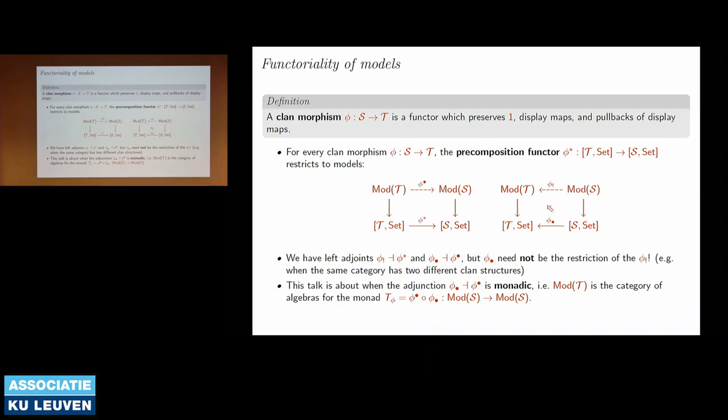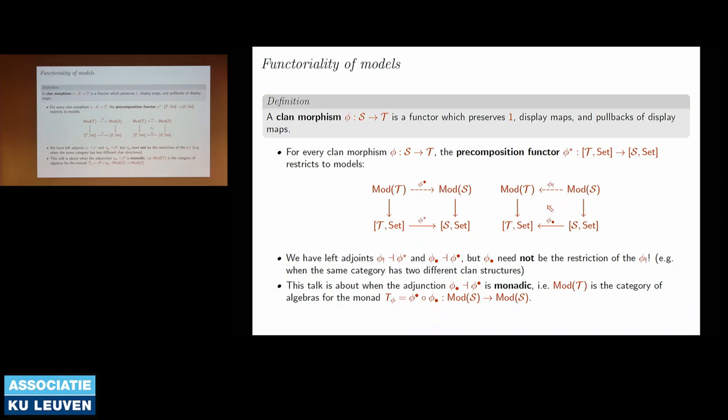And if I have a clan morphism, then I get a precomposition functor between covariant Set-valued functor categories, and that restricts to a functor between the categories of models viewed as full subcategories of these functor categories.